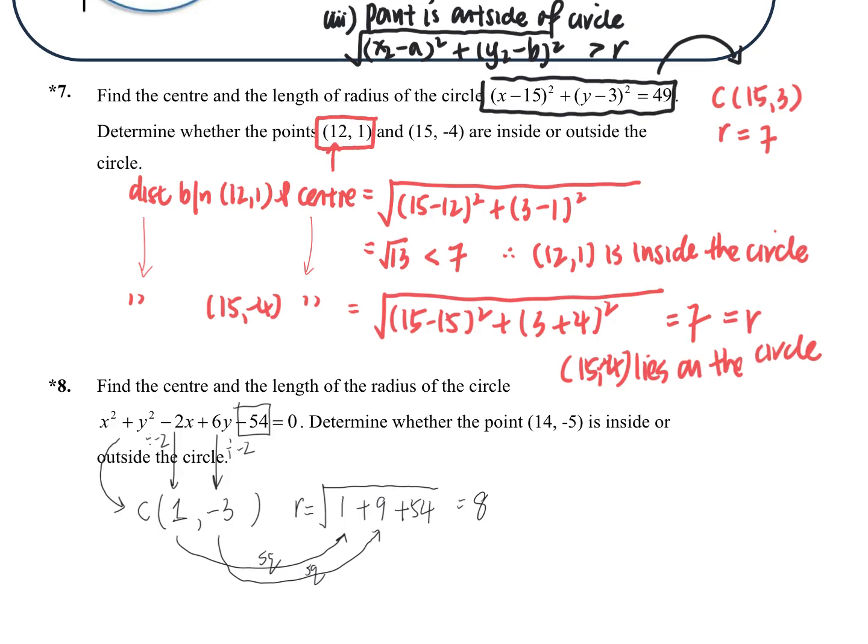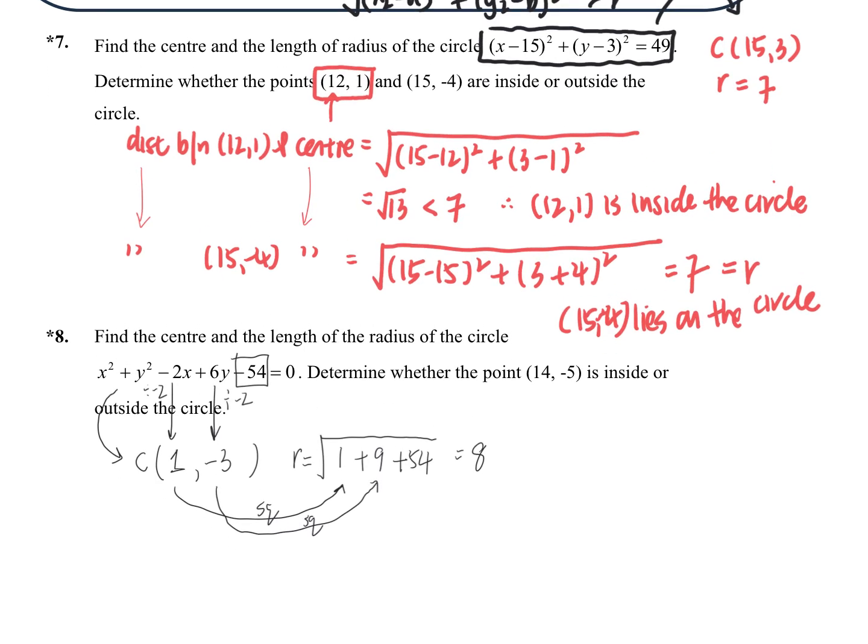To find out whether that point is inside or outside, I will first find the distance between this point and center. If you don't want to write so much, you just write distance, okay? So distance, the difference of the x coordinate square plus the difference of the y coordinate square.